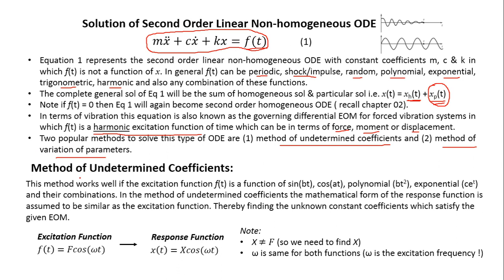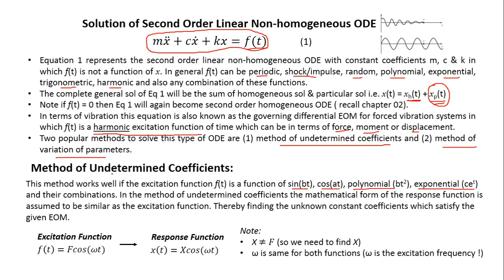Now, this method of undetermined coefficients is pretty simple to understand, and it works very well if the excitation function is a function of sine, cos, it might be a polynomial function, or an exponential function.